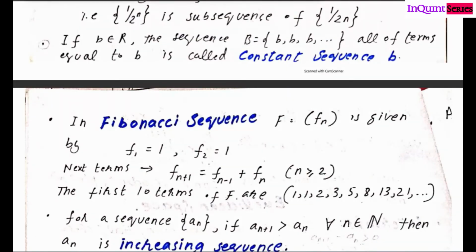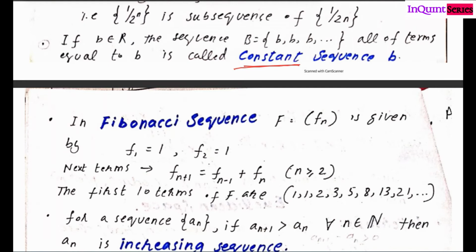Now if b belongs to the set of real numbers, the sequence b is equal to b, b, b, and so on. All the terms of that sequence are b's. This sequence is known as a constant sequence, and this sequence is always a bounded sequence. So next our sequence is the Fibonacci sequence.